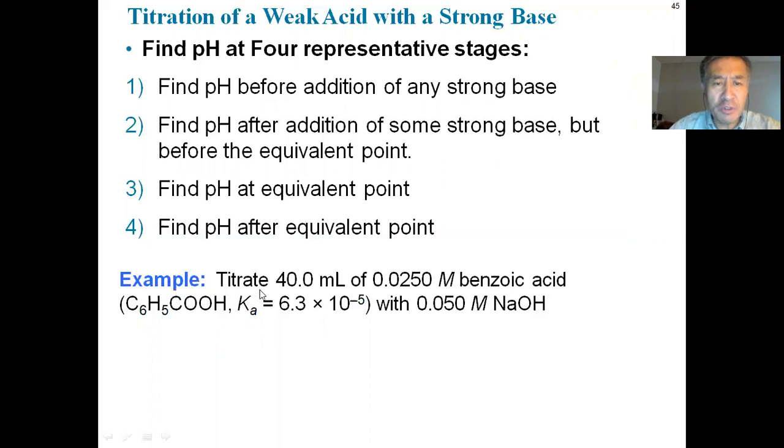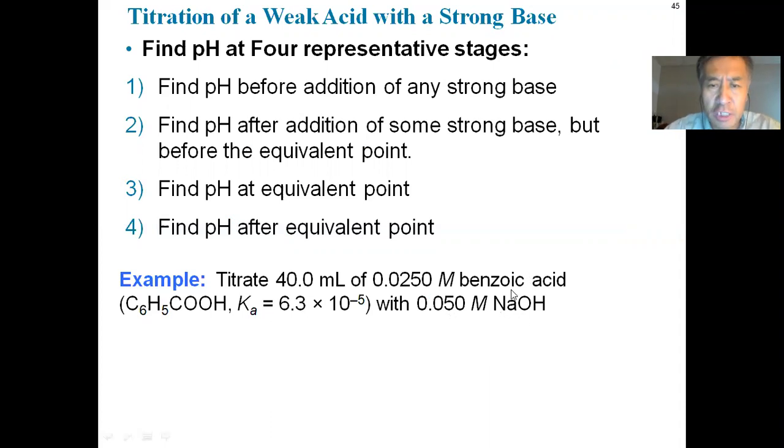The example we use is to titrate 40.0 milliliters of 0.025 molar benzoic acid, which has the formula C6H5COOH, with a Ka equal to 6.3 times 10 to the negative 5, with 0.050 molar NaOH.